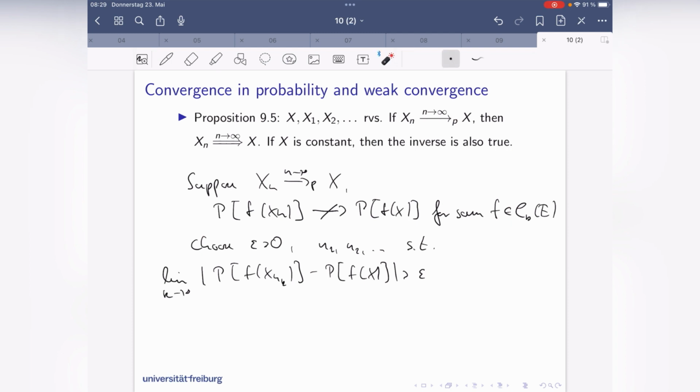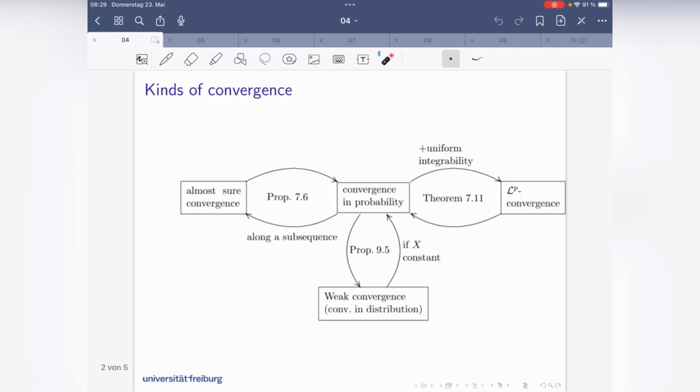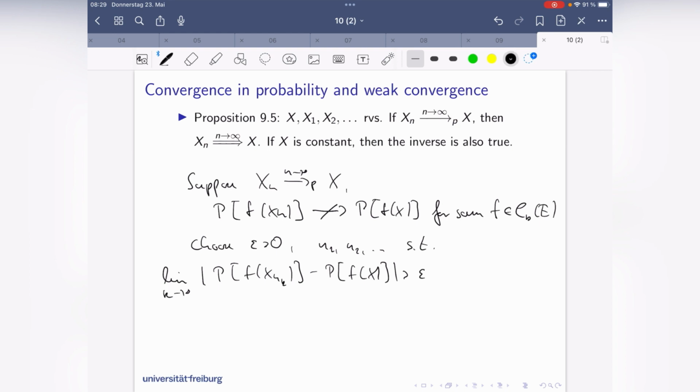Since x_n converges to x in probability, we already know by the general result here that we can find a subsequence with almost sure convergence. I'll take nk1, nk2, and so on, such that x_nkl converges, as l goes to infinity, to x almost surely.